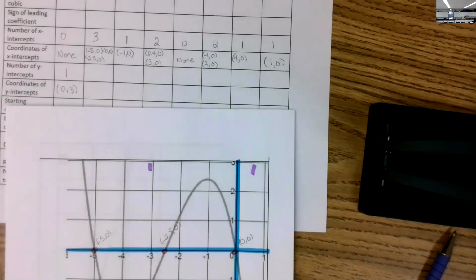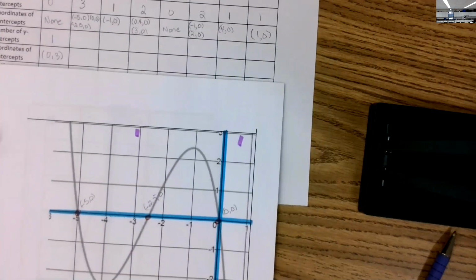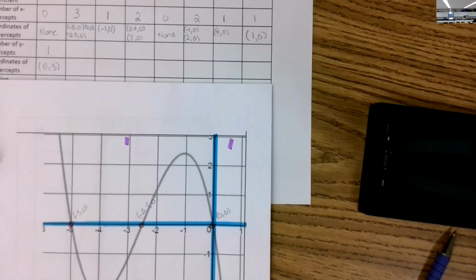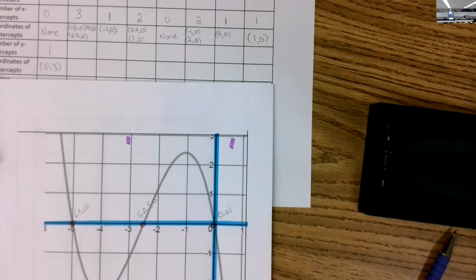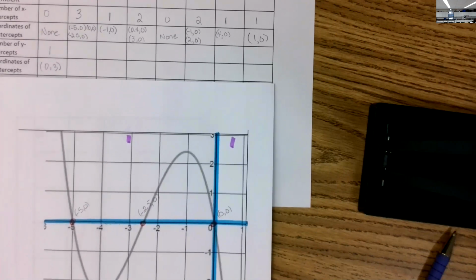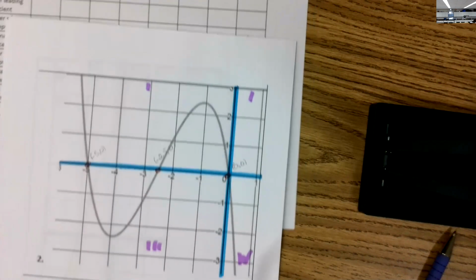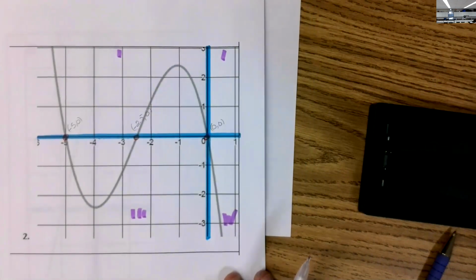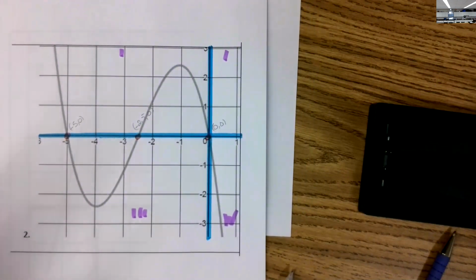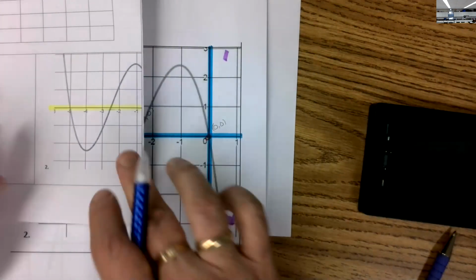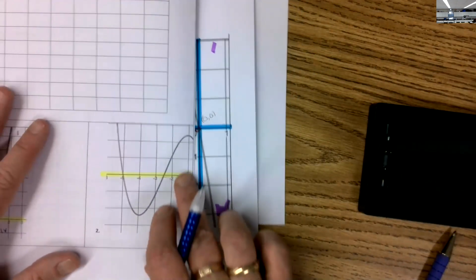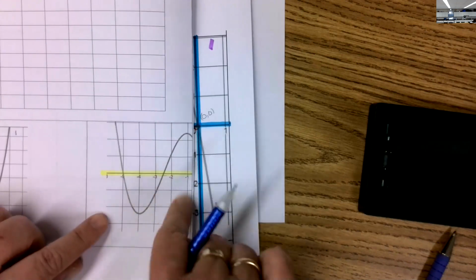I believe you all have the skills to do the rest of them. Y-axis, y-intercept, all the way across, except for the second one. Oh, yes. Here, this is number 2. Yours on the paper, I don't know what happened. This is what you guys have. My graph shifted or something when I printed it.